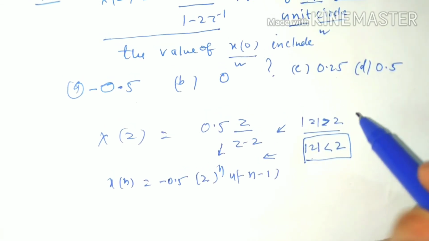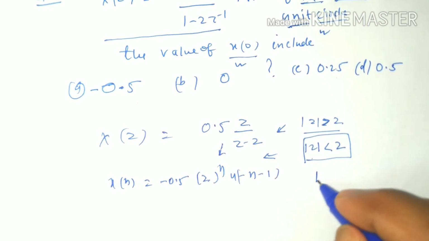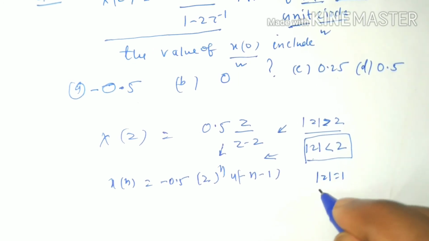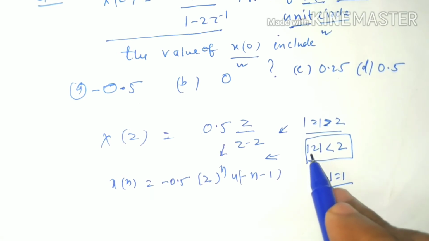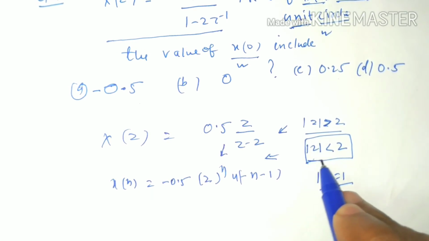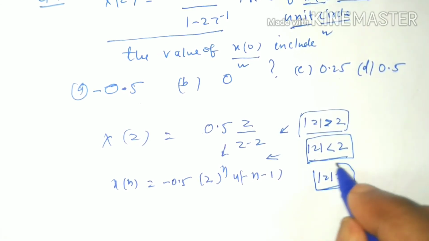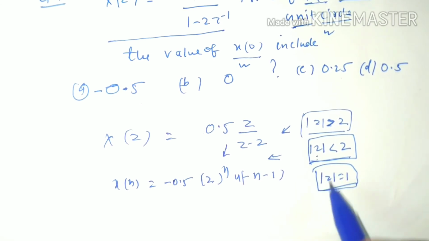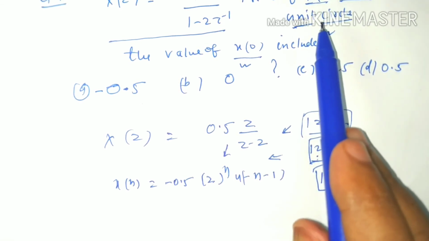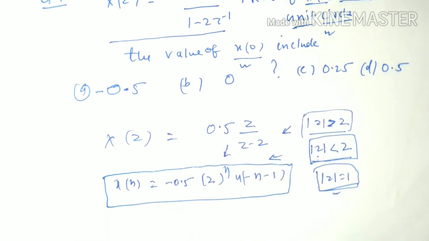In the question it is already mentioned that the ROC includes the unit circle. That means the ROC should include modulus of Z equal to 1. This is only possible when we take the ROC as modulus of Z less than 2. If we take the other ROC, then that will not include it. So this one we have to take. According to the condition given in the question, our corresponding inverse Z transform will be this one.